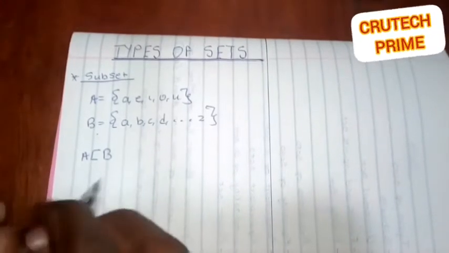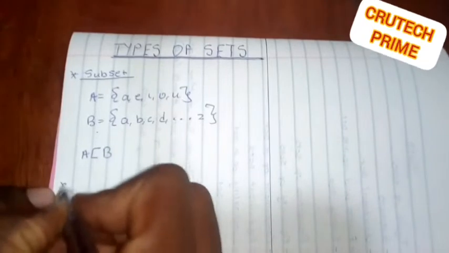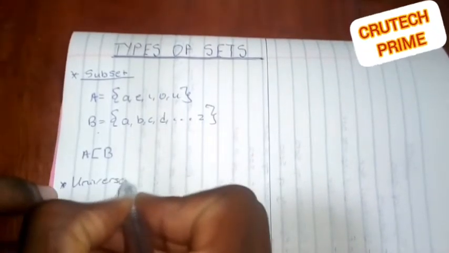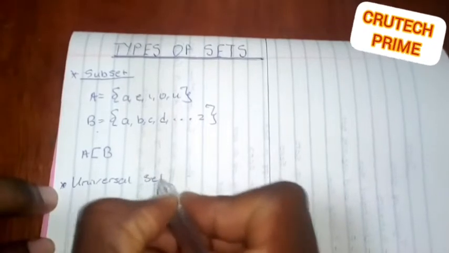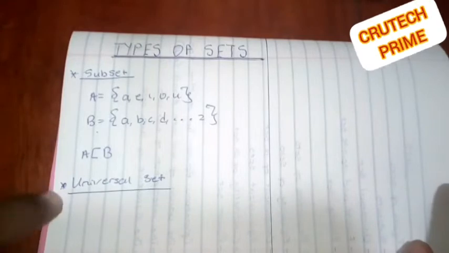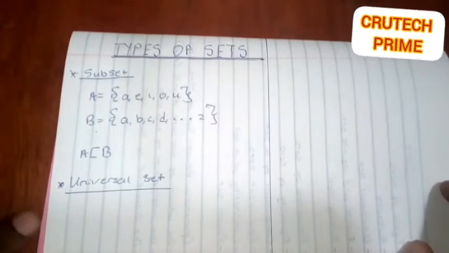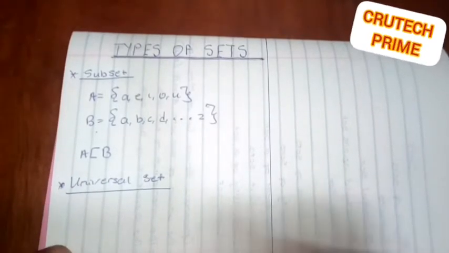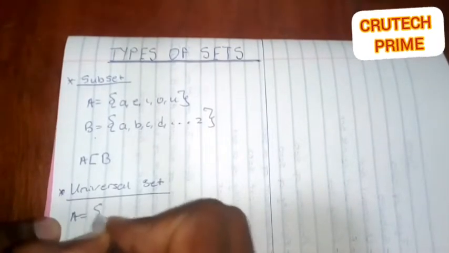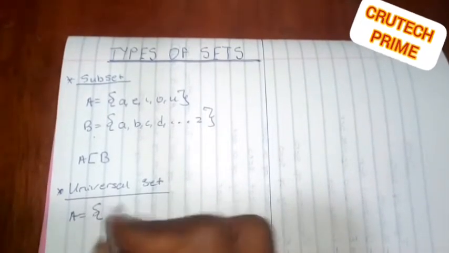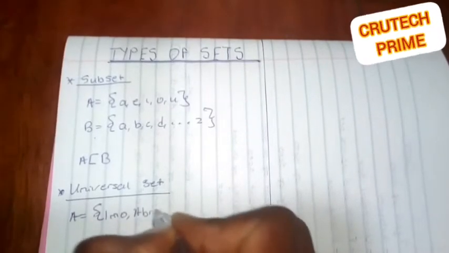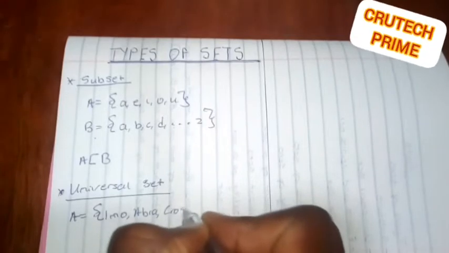Okay, let's go to the next type of set, which is called universal sets. Now, as the word goes, universal sets, as easy as that. If we have a set A, it contains the states Nigeria, Imo, Abia, Cross River.